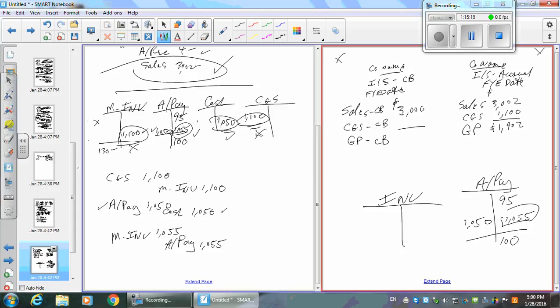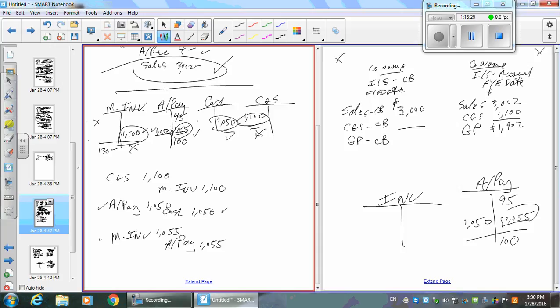And we're gonna do the same thing on inventory now, okay? So, are we good? Everybody's good? Okay, so now what do we know about inventory? Well, I know I debited inventory for 1,055, don't I? You see it? That's that debit right there, isn't it? So what did you start at if you added $1,055,000 and then you took away $1,100,000 and it ends up 130 at the end?